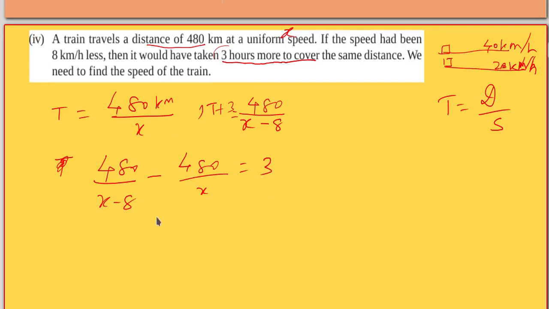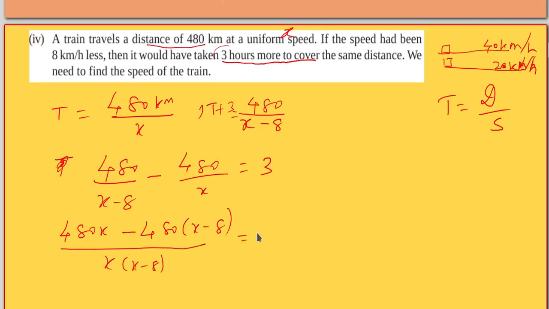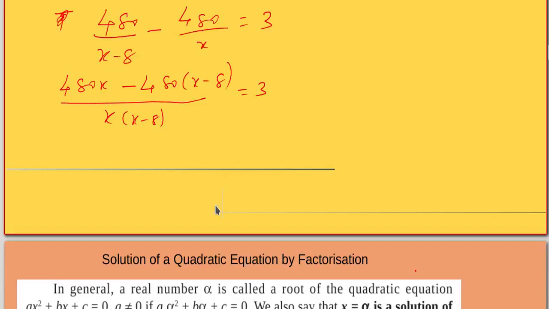If we take LCM, what will happen? This x should be multiplied here, and this x minus 8 should be multiplied here, isn't it? So, 480x minus 480 into x minus 8, divided by x into x minus 8, is equal to 3. Now we can bring this denominator here.